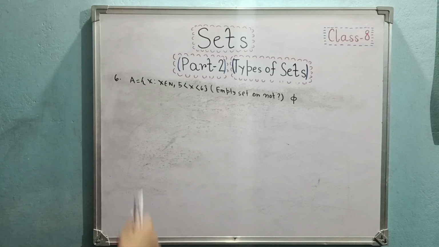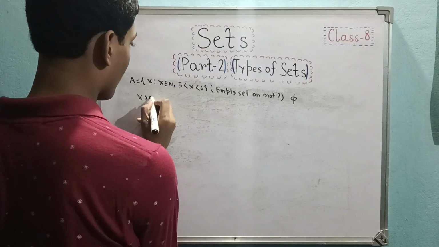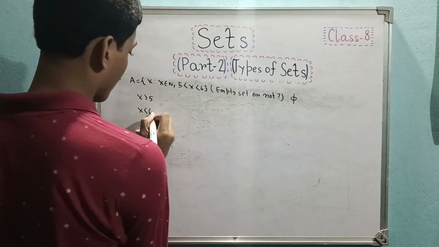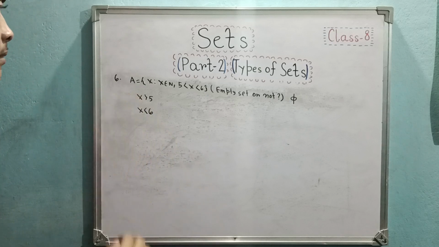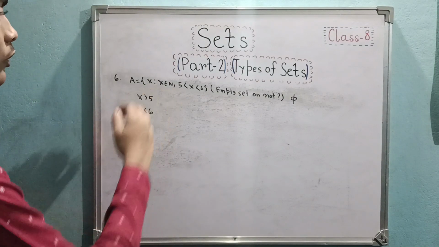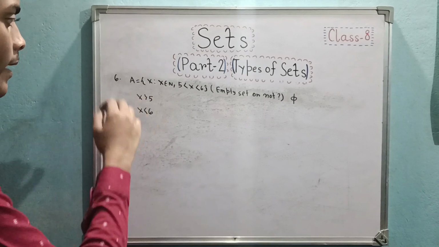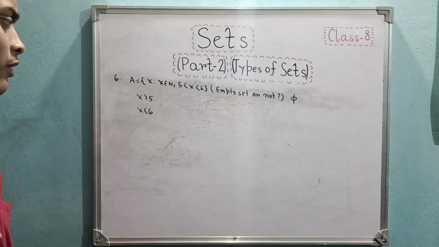So now guys tell me, we have here two things: x is greater than 5, x is less than 6. Is there any natural number greater than 5 and less than 6? No. If it was given to us that x belongs to real numbers, then we could have had 5.1, 5.2, 5.3 like that up to 5.9.